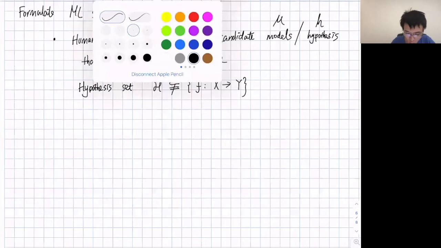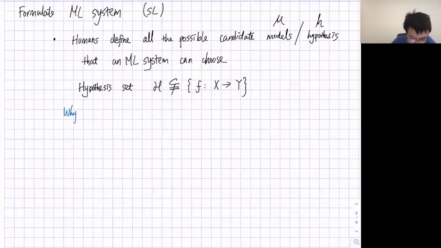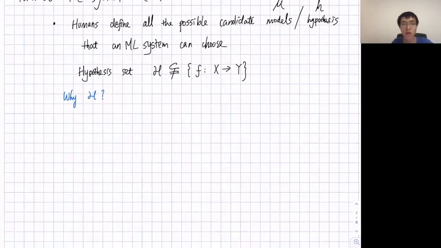Now we have a question: why must we work with a hypothesis set that is a strict subset of all functions, or even a very small strict subset of all functions? We will leave the question for a minute. The second step is still for humans.